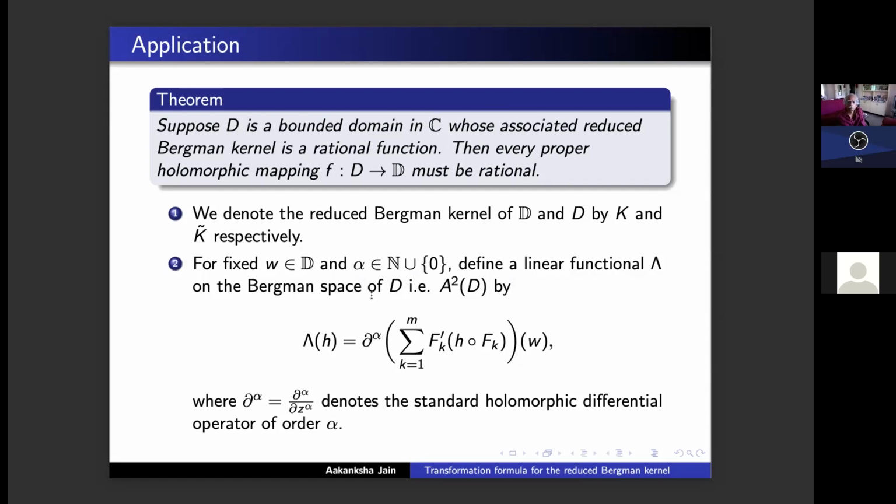The Bergman space is the space of all those holomorphic functions which are square integrable on D. We define the linear functional as follows: for every h in A2 of D, lambda of h equals the following. Assume that the summation k equals 1 to n of fk prime times h composed with fk is a function of, let's say, z. Then I differentiate it with respect to z alpha times, and evaluate it at this fixed point w. So this is my linear functional.